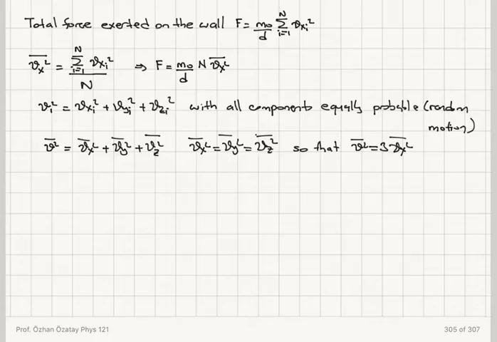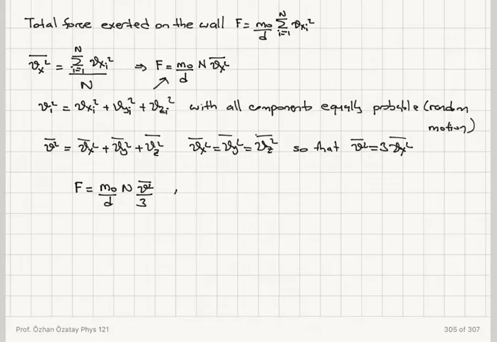So if I go back to this equation, I write the total force exerted by the gas molecules on the wall will be m0 over d times n v square bar divided by 3 for Vx square bar. That's the average.